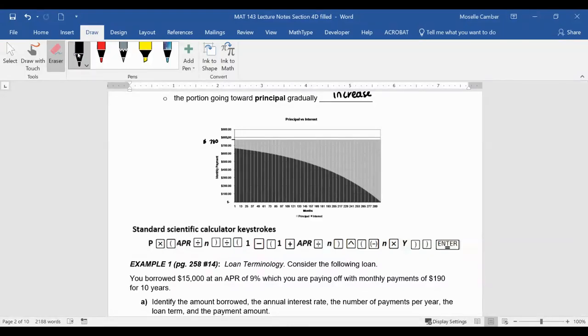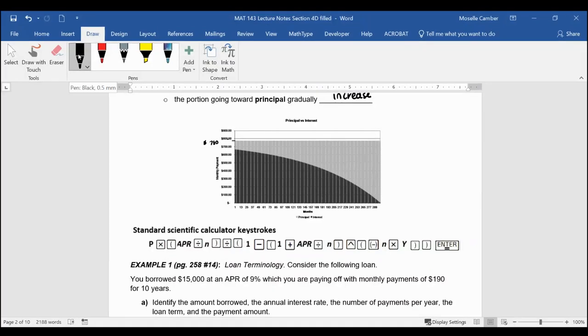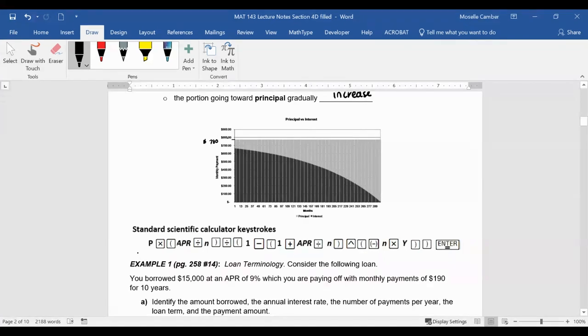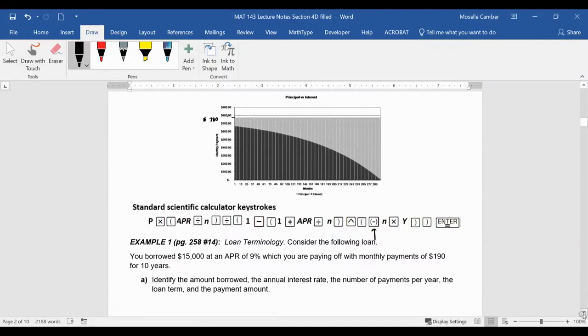Otherwise, just put it in all at once, because you're never going to have to mess with this formula. So you start with your P, then APR divided by N, divided by 1 minus (1 plus APR divided by N) to the negative N times Y. Note that you have to use the negative button and not the minus sign, otherwise you will get an error.